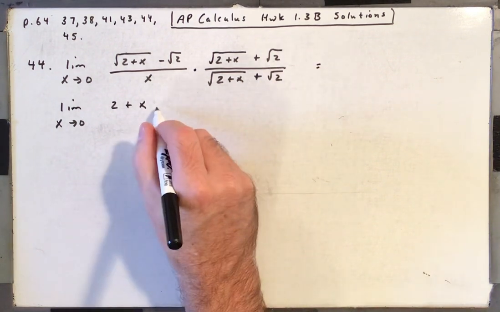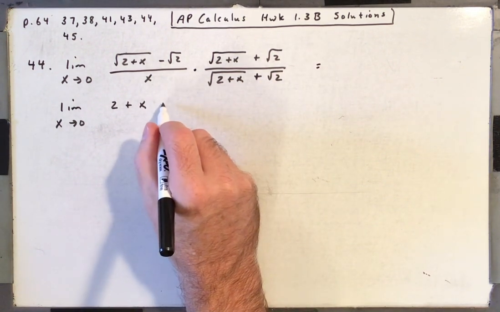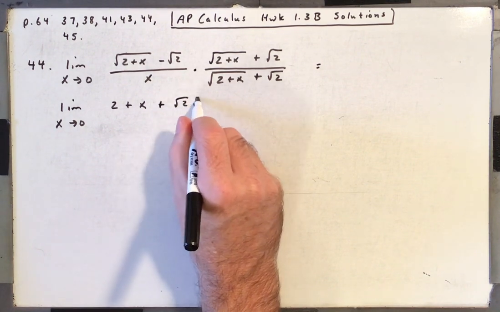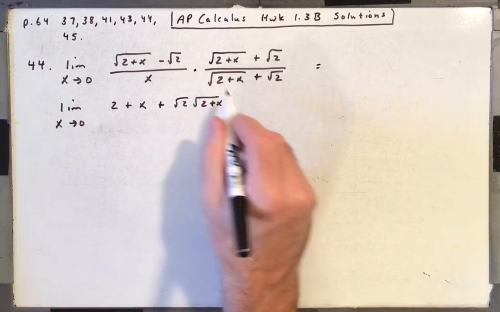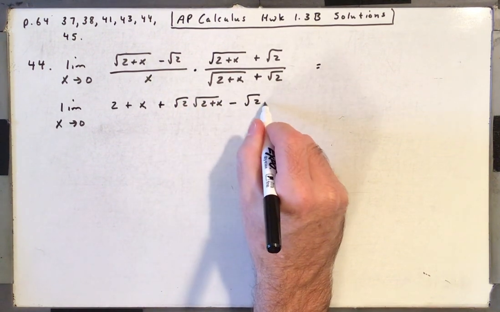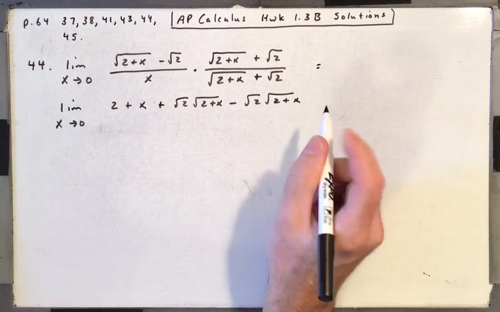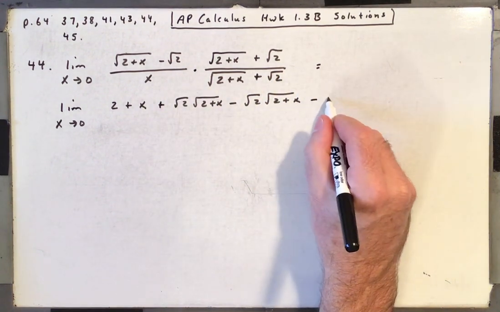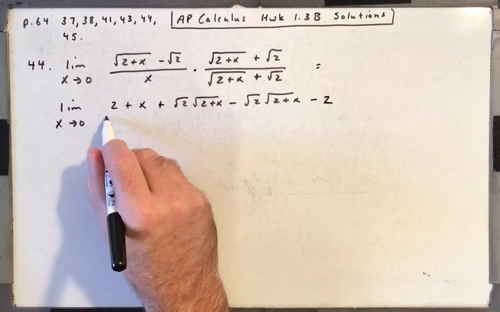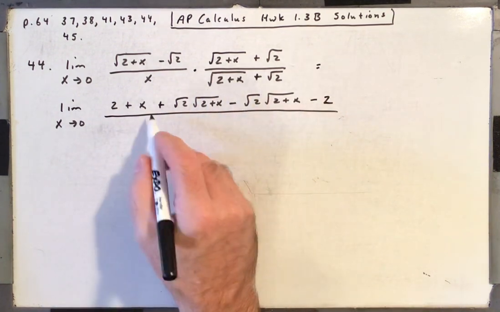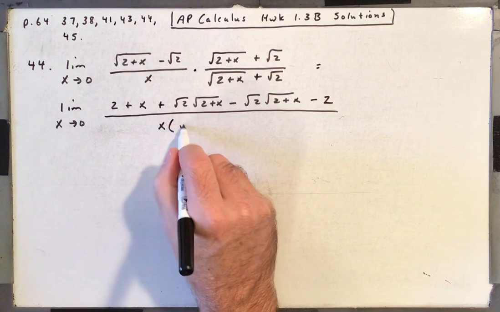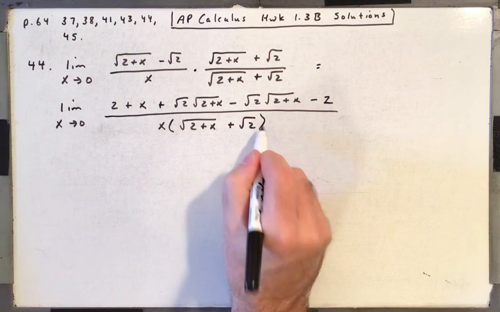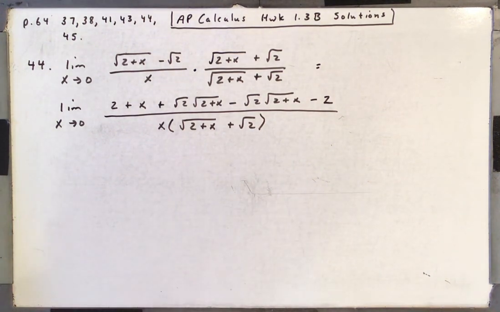The outer term would be plus root 2 times root 2 plus x, and then the inner term minus root 2 times root 2 plus x, and then negative root 2 times positive root 2 would just be minus 2. And then I'm just going to write this as x times root 2 plus x plus root 2 because I'm hoping that x will cancel out in the end.